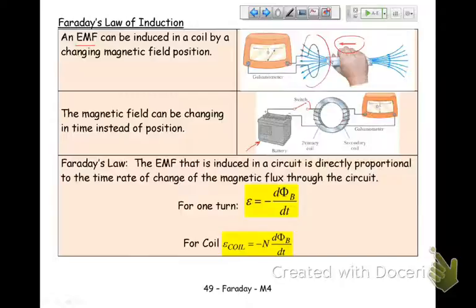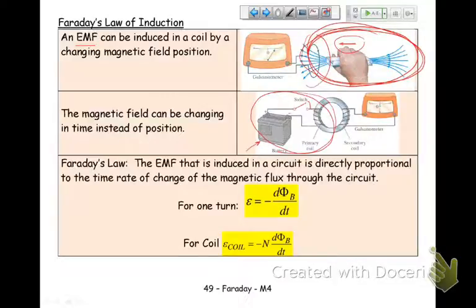Whereas on this side I change the magnetic flux in time by moving the magnet, here I can change it by turning the battery on or off. I cause current to start flowing, it increases rapidly. That's like moving the magnet really close quickly. I turn the current off, the magnetic flux falls quickly. That's like moving the magnet away quickly. So by just clicking that switch open and closed, I will get a signal on that side.